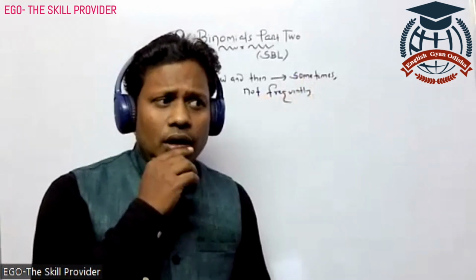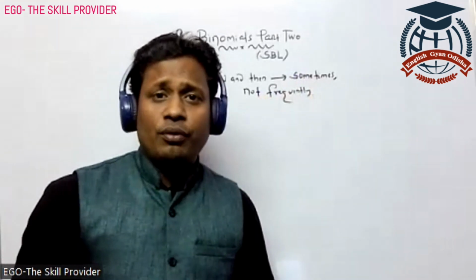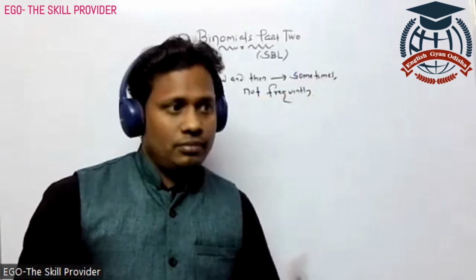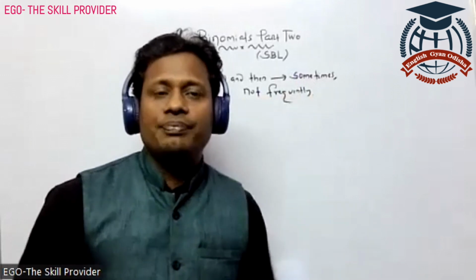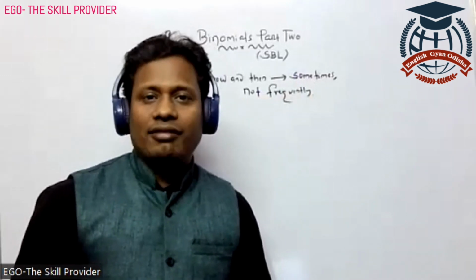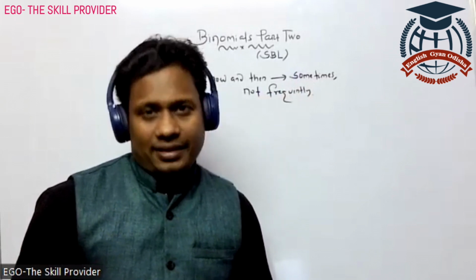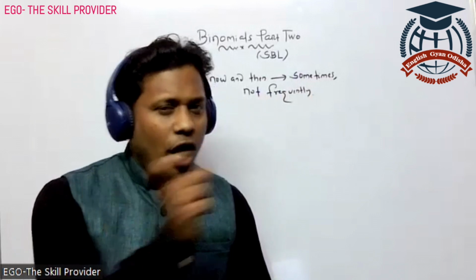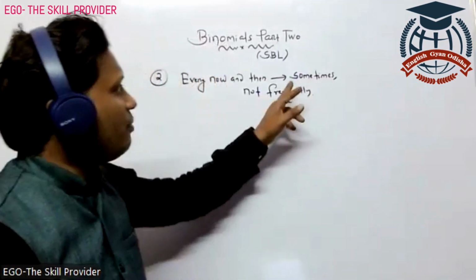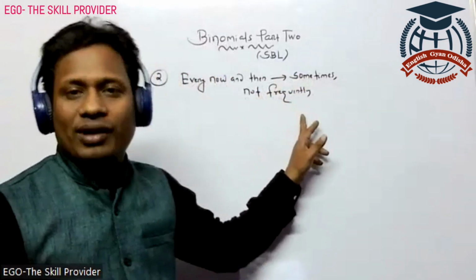If I ask you, is it possible for you, why don't you attend class? I'm sorry sir, I have some problems in the family, so that's why I can't attend regularly. But anyway, I'm attending the class every now and then. So that means it is something called sometimes and not frequently.